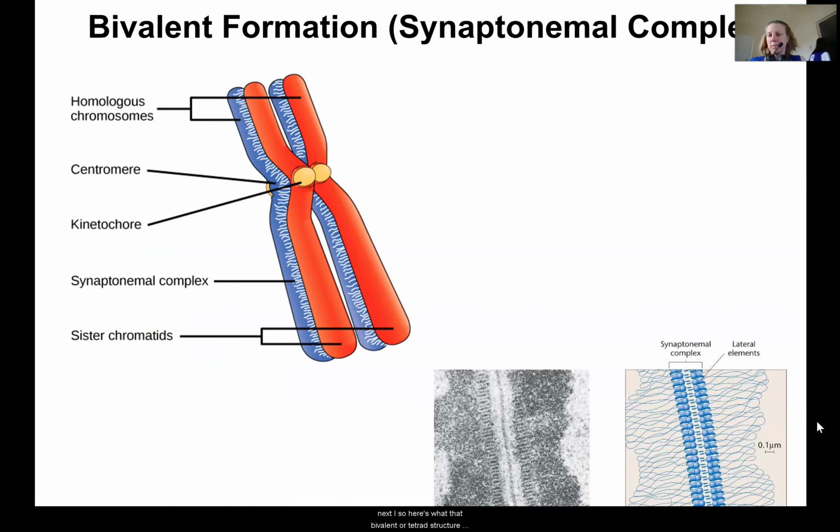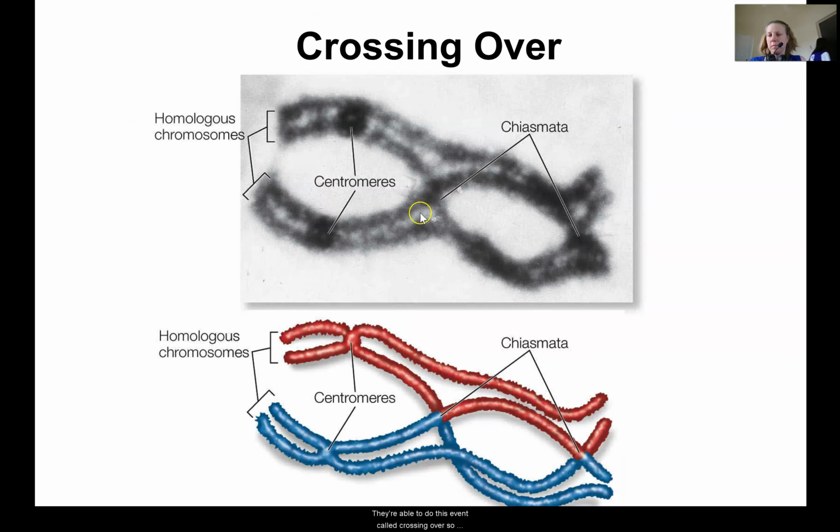Okay, so here's what that bivalent or tetrad structure looks like. Another name for it is the synaptonemal complex. In this structure, the chromosomes line up right next to each other. They have proteins that help hold them together like this. And then they're able to do this event called crossing over. So they're going to exchange genetic information between one chromosome and the next.